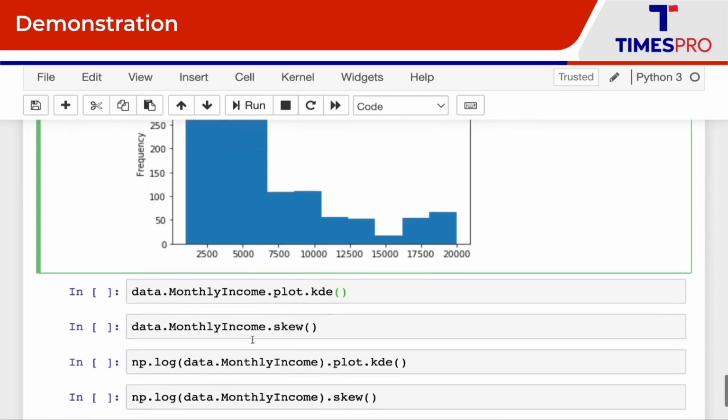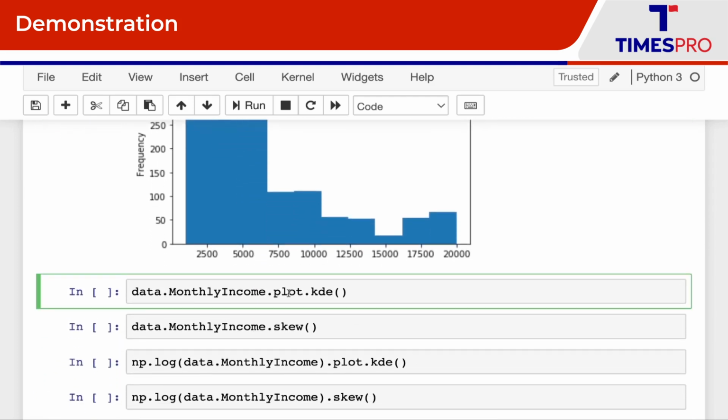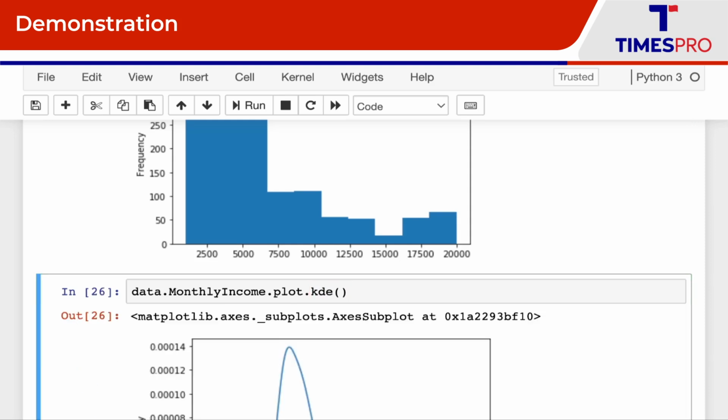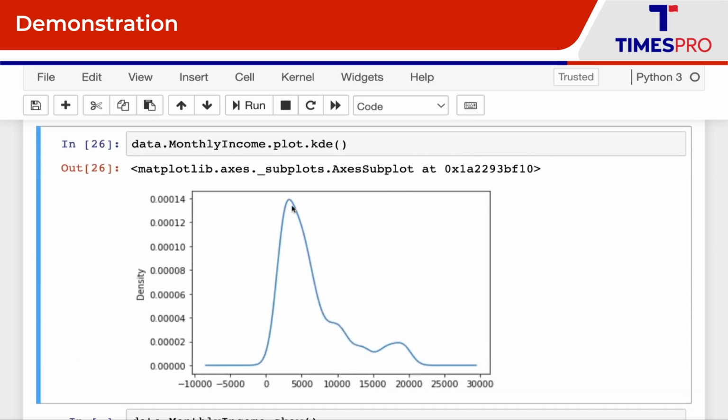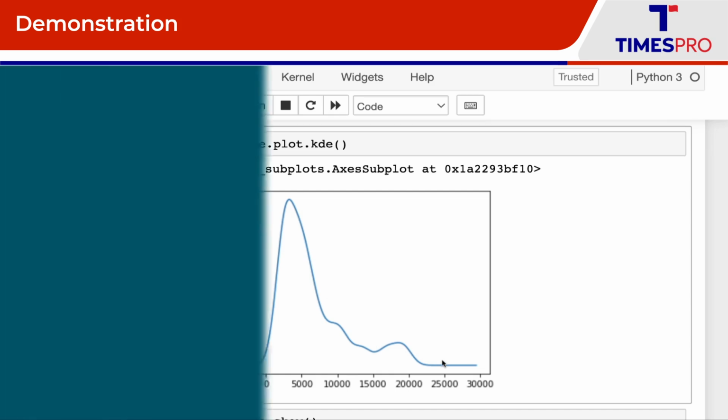What I generally do is, instead of plotting the histogram to identify the distribution, I plot the density function. You can do that using .kde. It just gives you an approximate distribution for the numerical variable that you're looking at. Here you can clearly see that there is a long right tail.